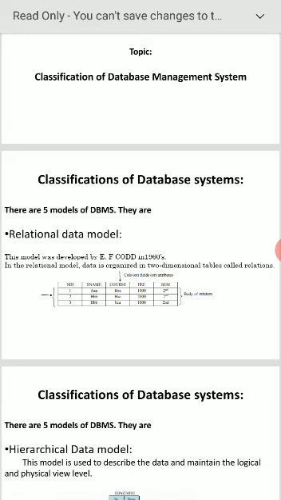Cardinality of relation: the number of rows present in that particular relation is referred to as the cardinality of relation. Next, degree of relation: the number of columns present in that particular relation is referred to as the degree of relation.